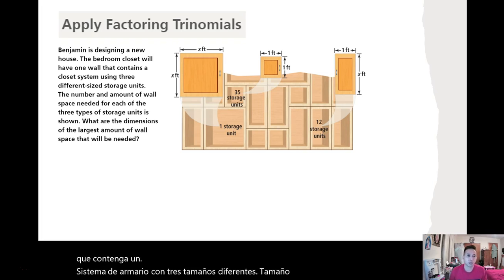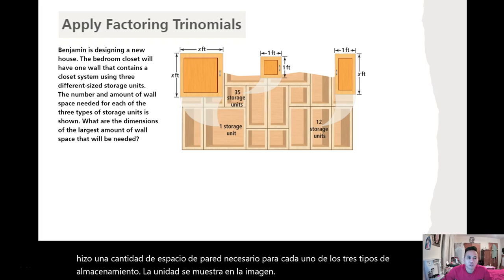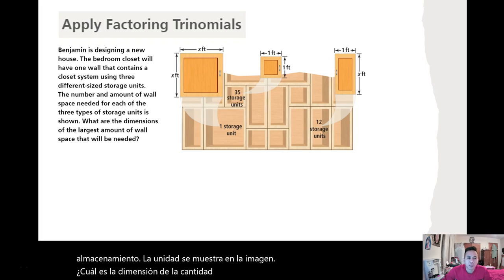The number and amount of wall space needed for each of the 3 types of storage unit is shown in the picture. What are the dimensions of the largest amount of wall space that will be needed?